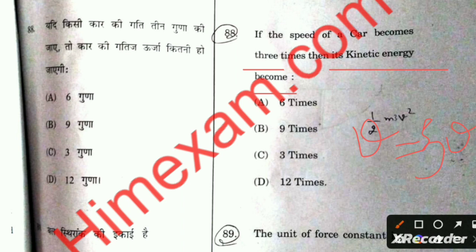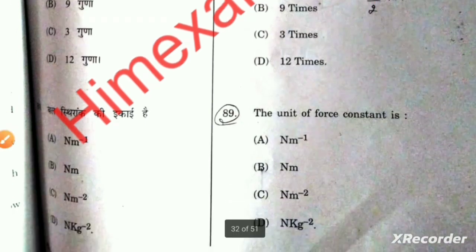So when you put 3v in half mv square, your answer comes out to be 3 square, which means 9. So 9 times half mv square means 9 times the kinetic energy. When the speed of a car becomes thrice, the kinetic energy becomes 9 times. This is a very obvious and easy question which appears in examinations. So move to the next question.